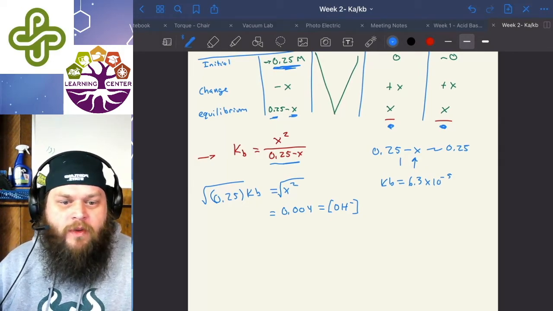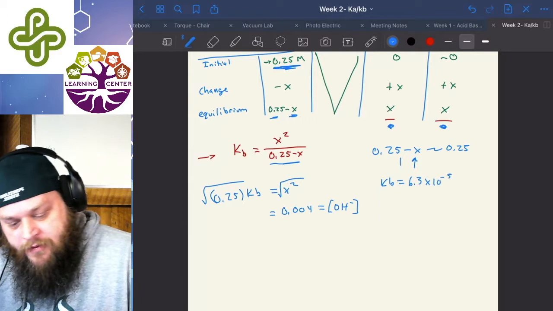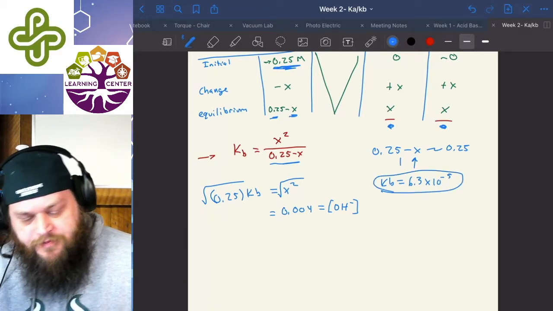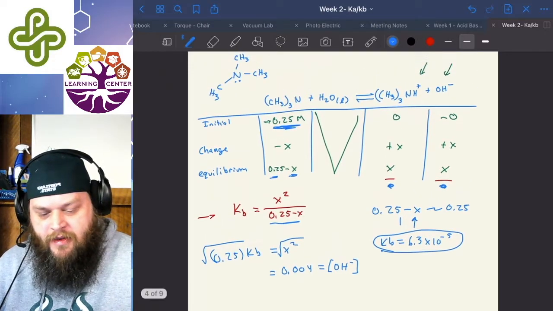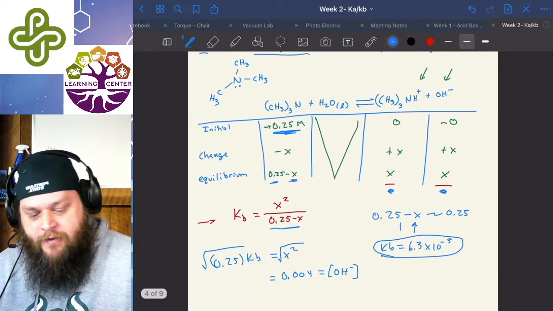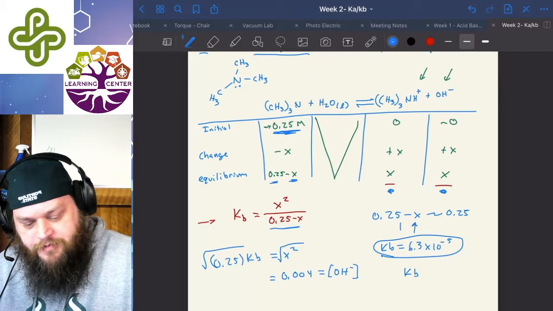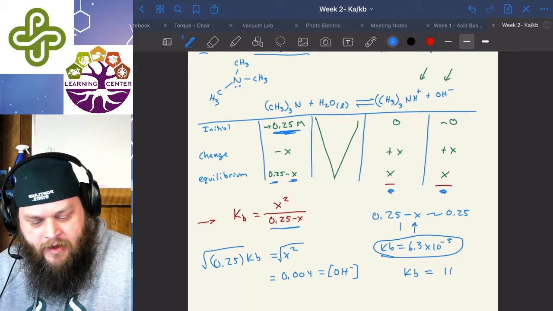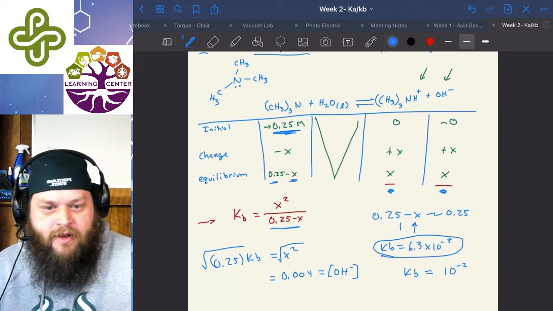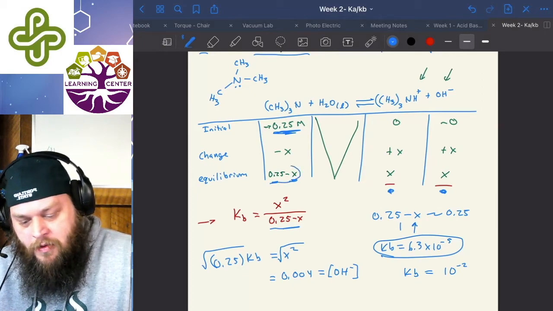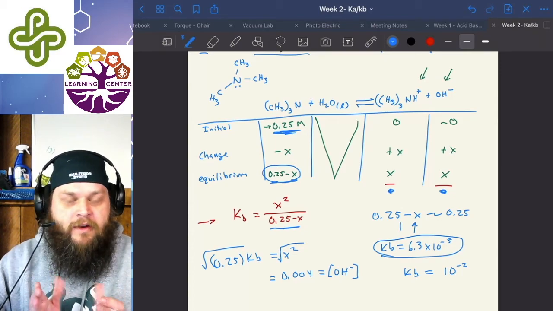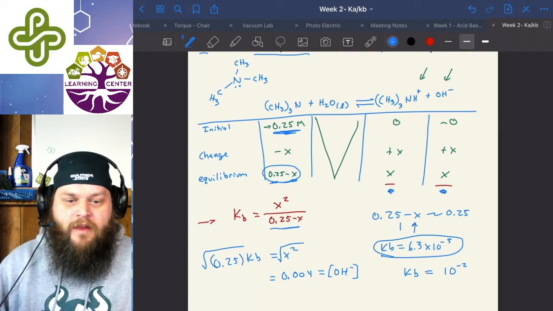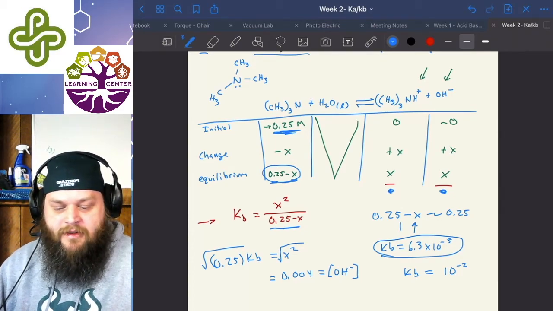Oh, so you don't always want to ignore the x, only if your Kb value is really small. If you have a really weak base, essentially, you could ignore that x. If your Kb value is along like 10 to the -2 or something to that effect, anything where when you plug in this equation, you calculate the significant figures and your value changes, then you don't want to ignore that x.